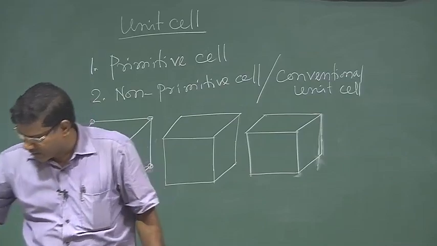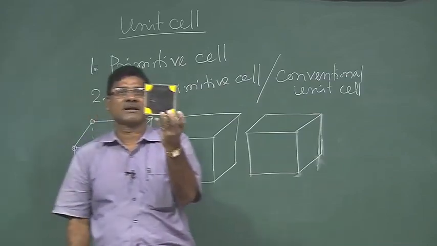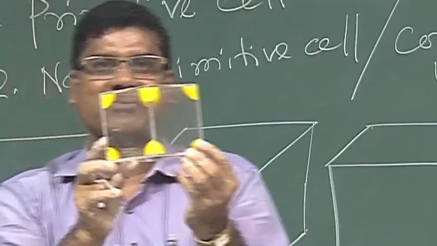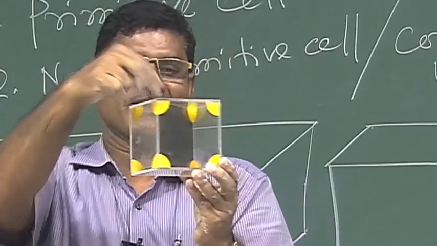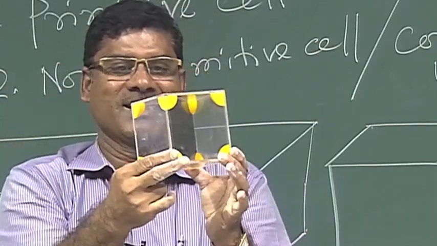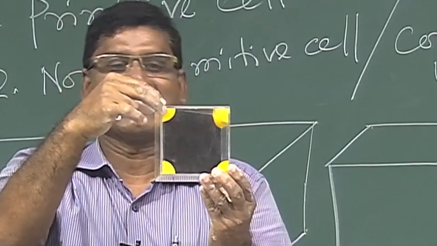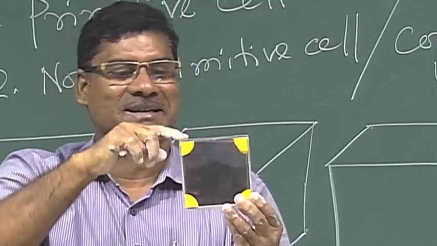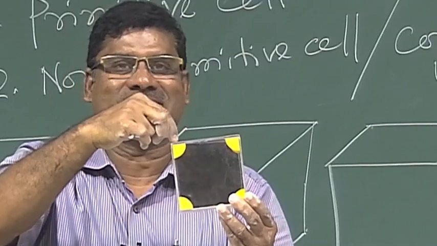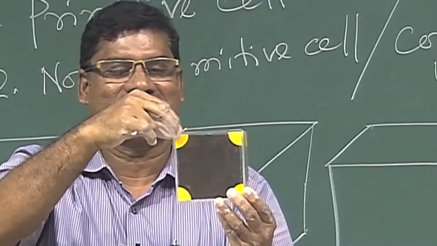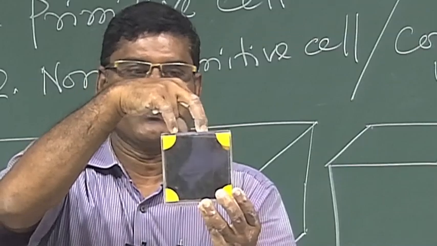So, you see this cube has 8 corners, and each corner has a lattice point. Now, you can see that just 1/8 portion of the lattice point belongs to this cube.